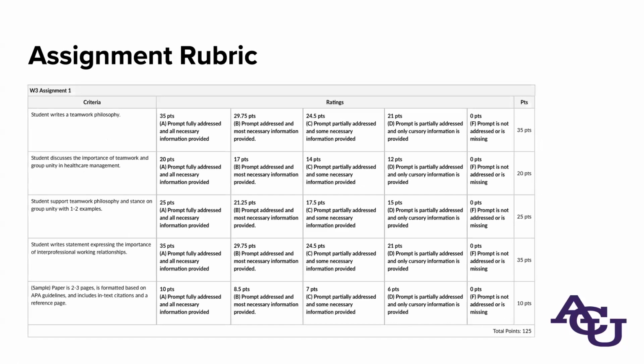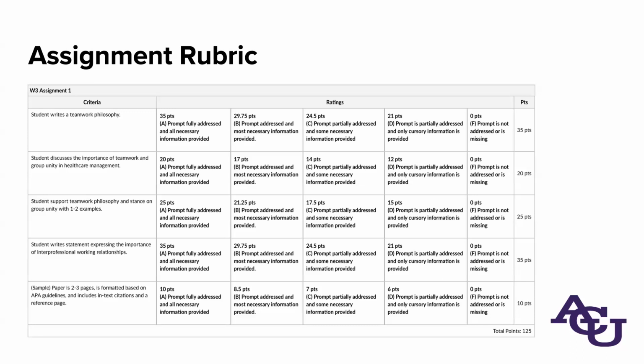And if we look at the grading here, we see that the Rights of Teamwork philosophy discusses the importance of it and supports it with examples. Altogether, that is going to be 80 points. Now, 80 points is almost 2/3 of the points for this assignment.